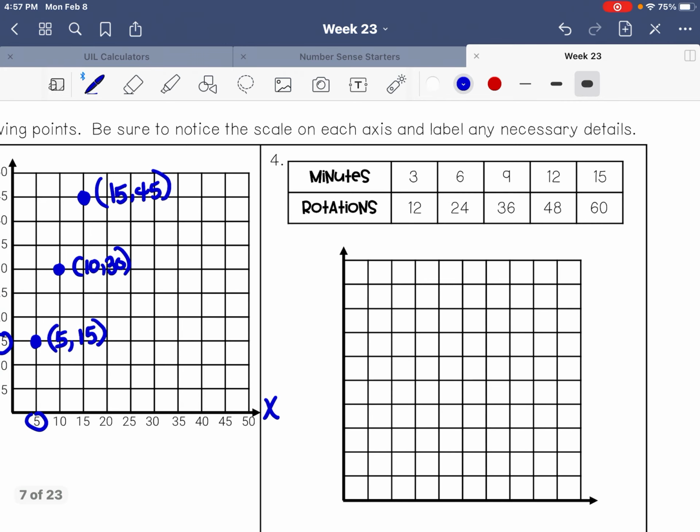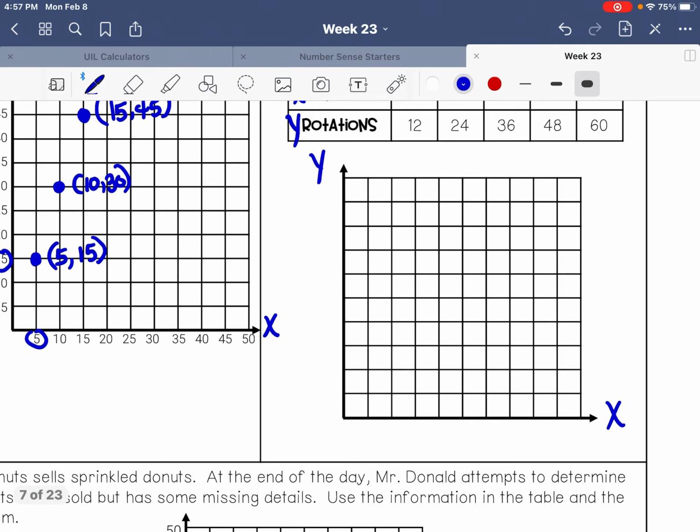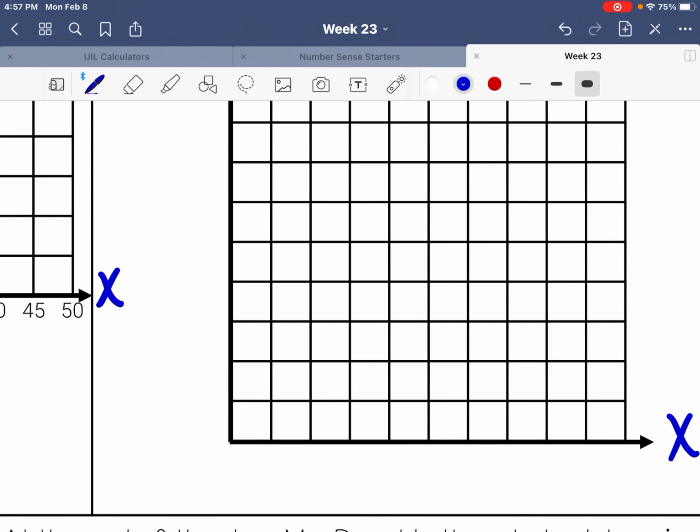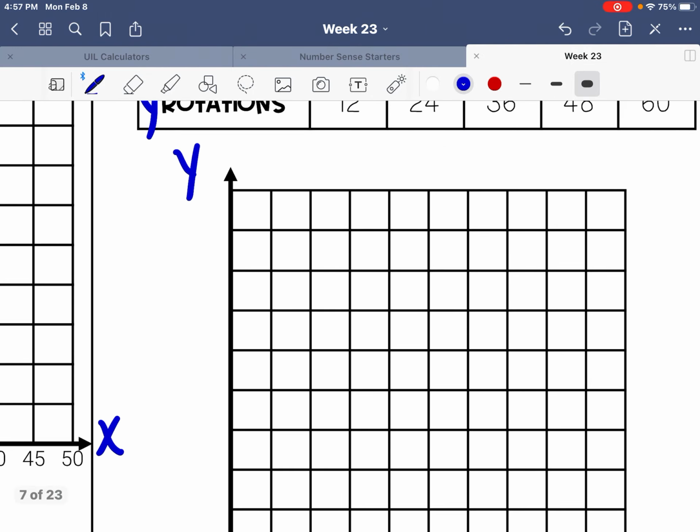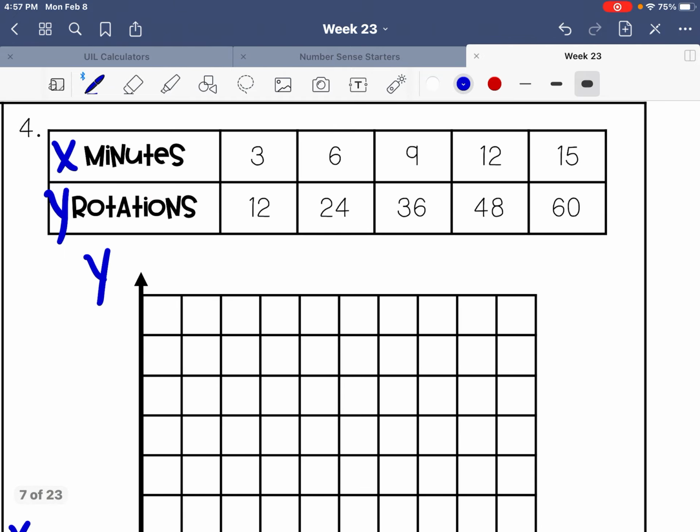Hey, number 4, same thing. The top values are your x values, the bottom values are your y, the horizontal is your x, the vertical is your y. Oh, this is not numbered. We're going to have to number it. I'm going to have to zoom way in to number it. And before I number it, I'm going to look at the numbers on my table.